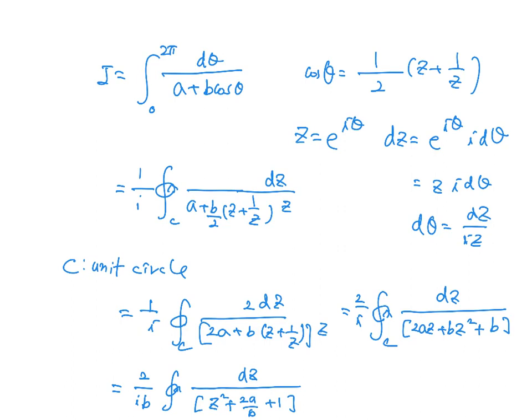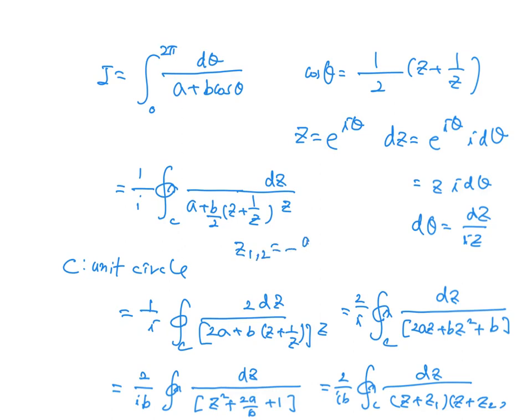So we can factor it with c1, c2. So z1, z2 equal minus a over b plus minus the square root of (a over b) squared minus 1, right?